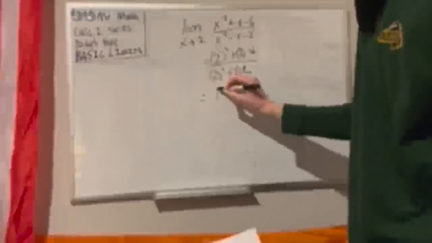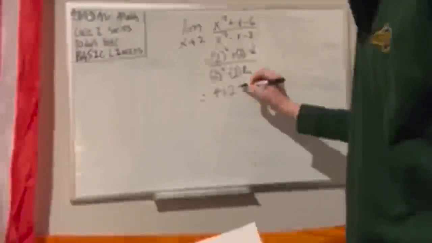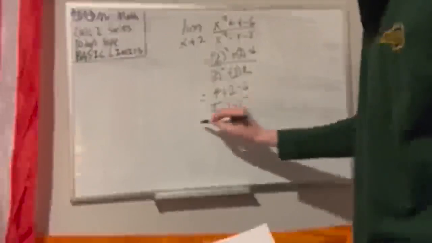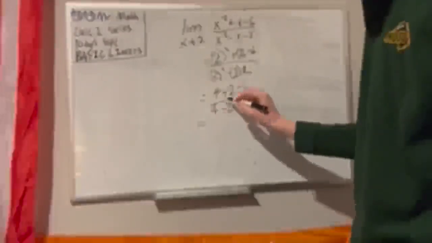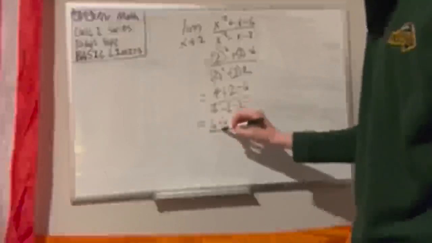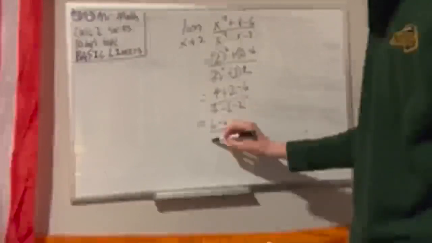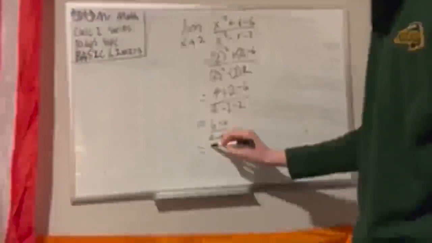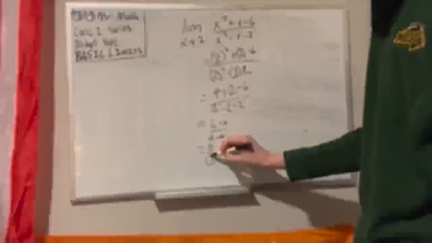This gives us 4 plus 2 minus 6 over 4 minus 2 minus 2. And this gives us 4 plus 2 is 6 minus 6 over 4 minus 2 minus 2 is 4 minus 4. And this gives us 0 over 0, the evil of all math. So we're left with something that doesn't exist, which we can't have. So let's try another way.